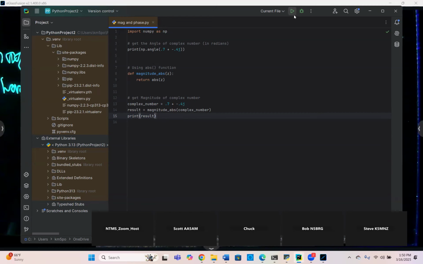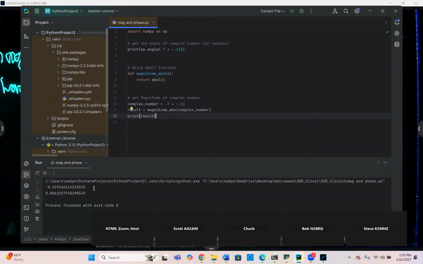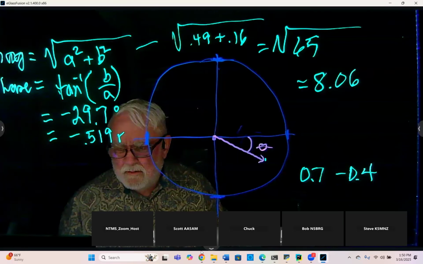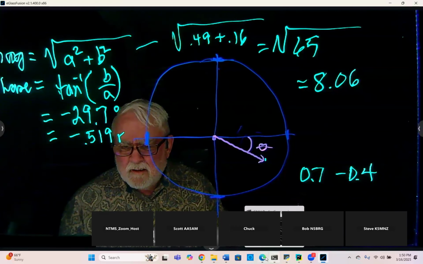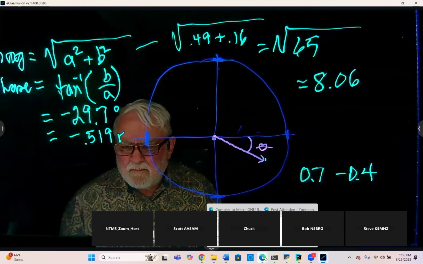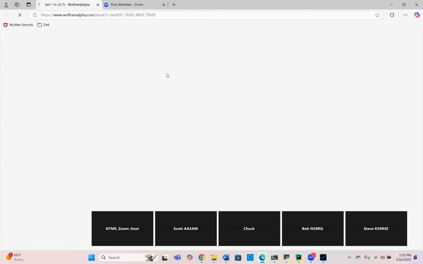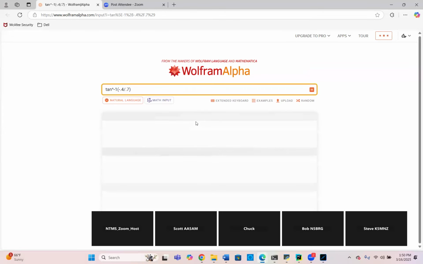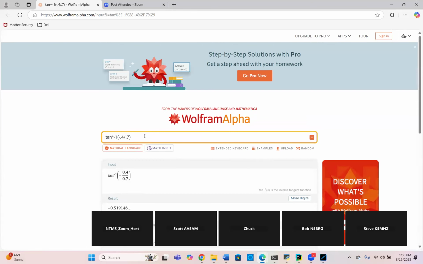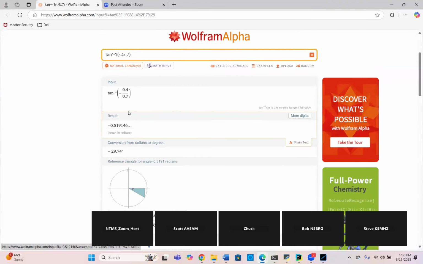So when we run that, you see down here we got minus 0.519 for radians, and we got 0.806 for magnitude. So you can do that, or you can go to this website, Wolfram Alpha, and input your function, and it will spit it right back out to you like this.